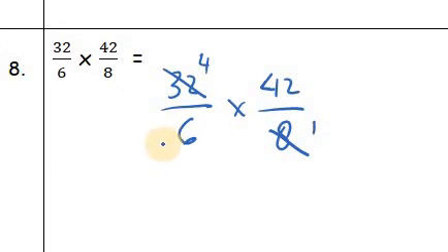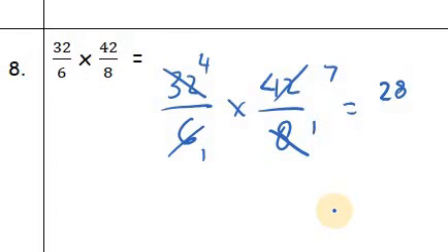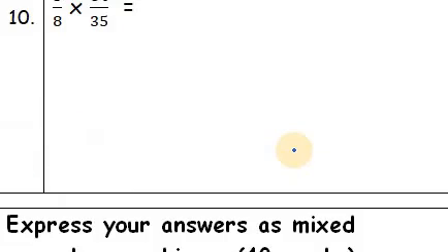Between 6 and 42 also, we have 6 as the greatest common factor. 6 divided by 6 is 1, and 42 divided by 6 is 7. After that, you just multiply. 4 times 7 is 28, and 1 times 1 is 1, so just 28.